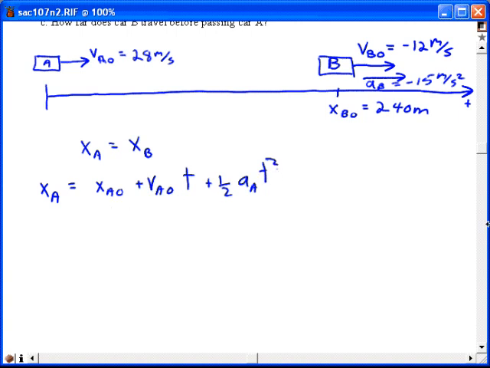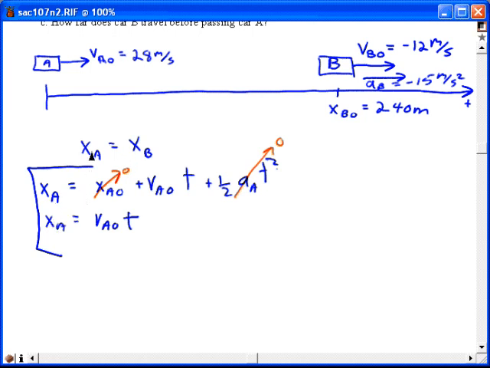And then the pieces that cancel out: it starts out at the origin, so that would be a 0. And this term cancels out because A sub A is 0. There is no acceleration. And hence, XA, valid for all time, is just VA0 t.